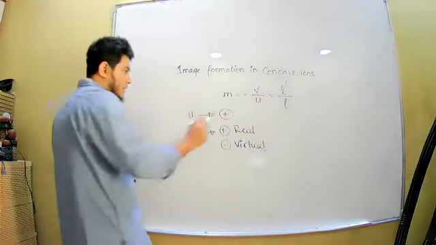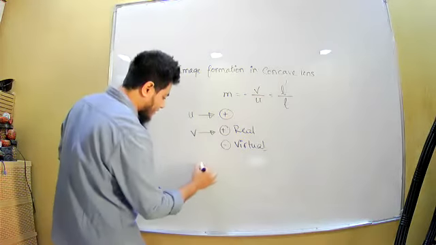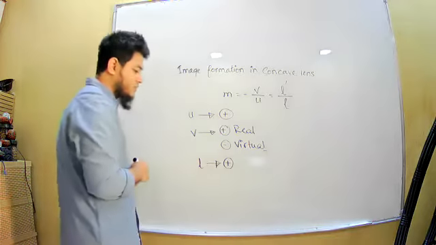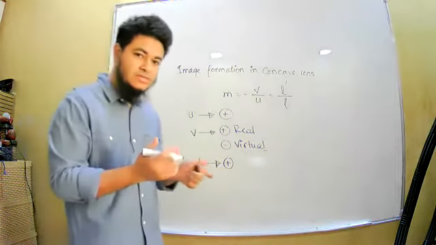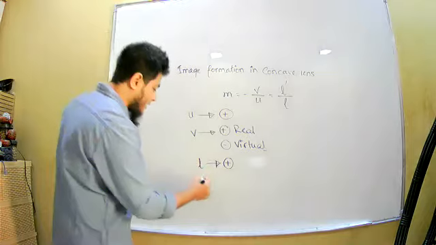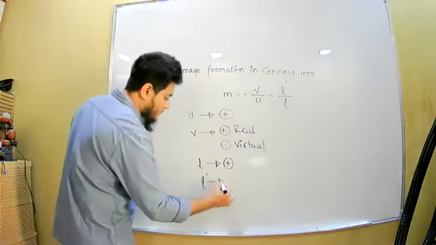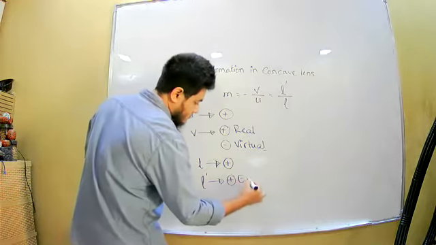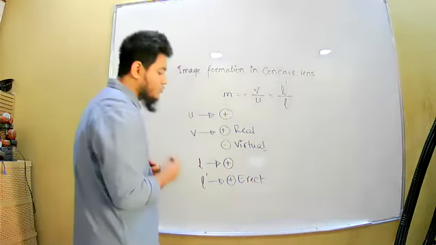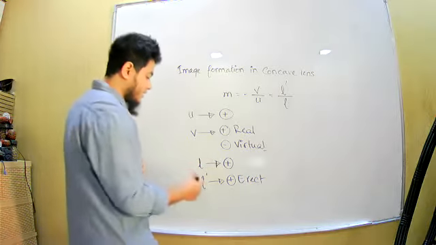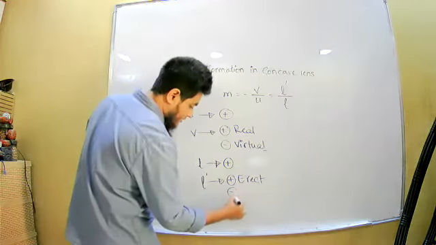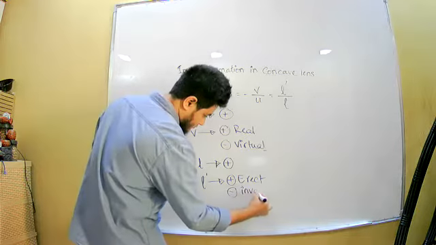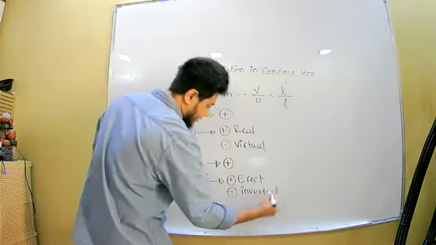Now, again, L, that is the length of the object, we always consider it to be positive. Then L prime: if the image is erect, then we consider it to be positive, and if the image is inverted, then we consider it to be negative.